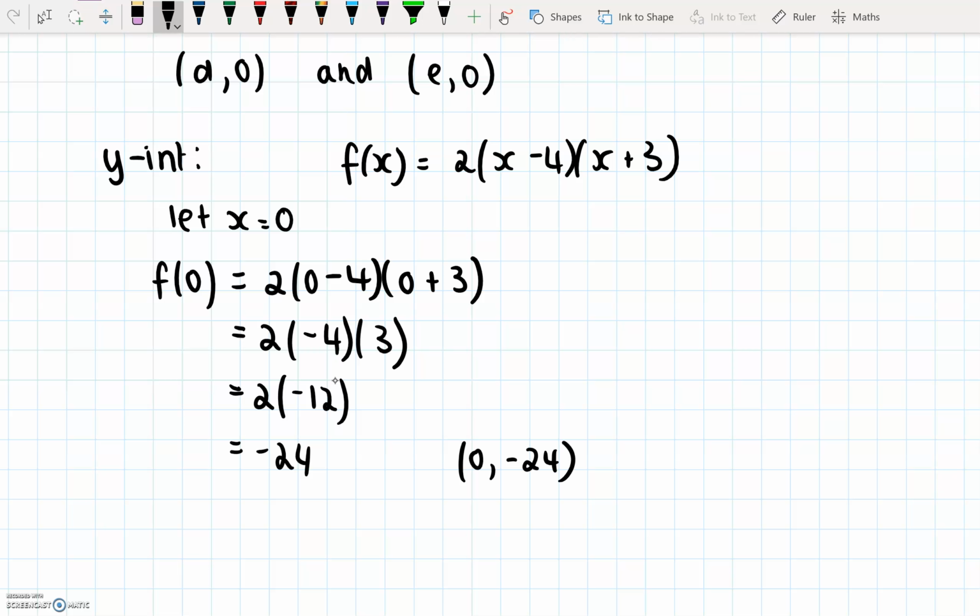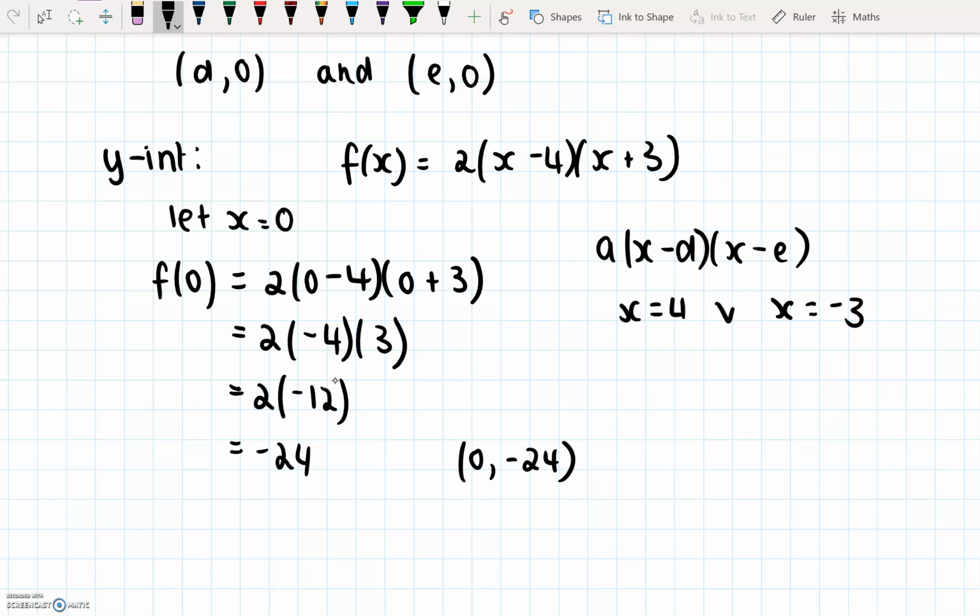Our x-intercepts for this formula, you can straight away just look at the formula. It is in the form a(x − d)(x − e), and we can see that d is 4. So x = 4, or x is equal to, and you need to be careful here, we have a plus 3, so x is going to be equal to −3.